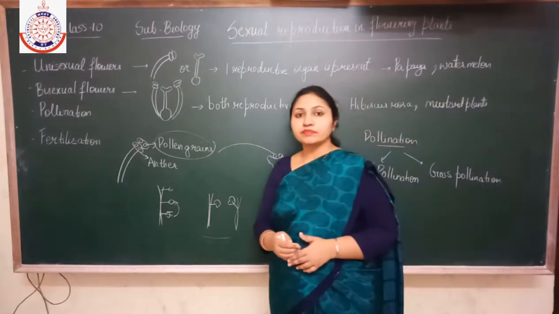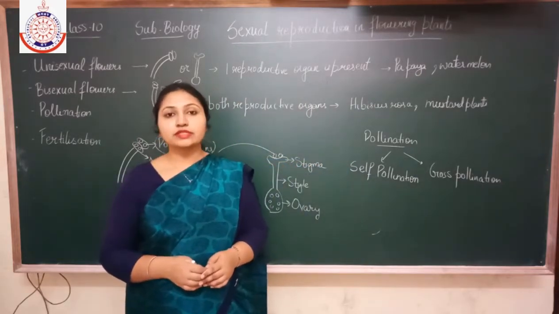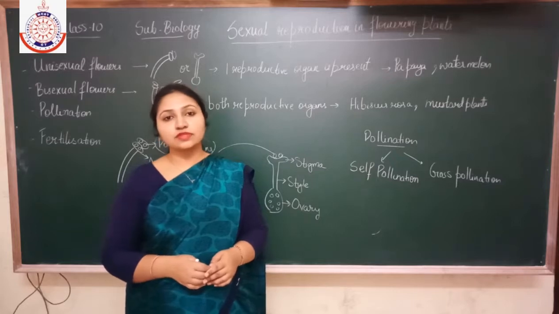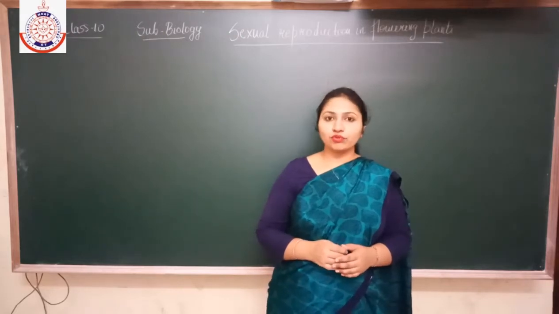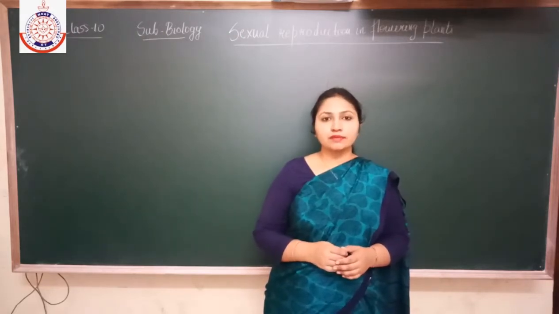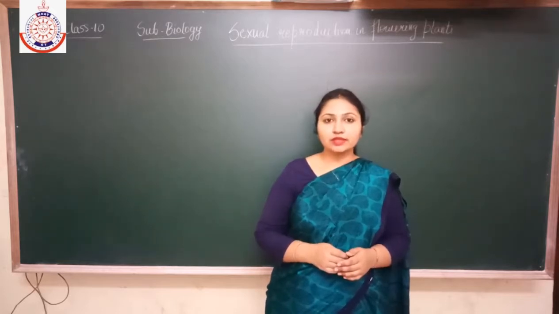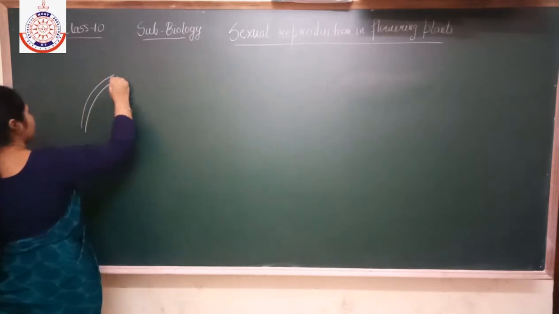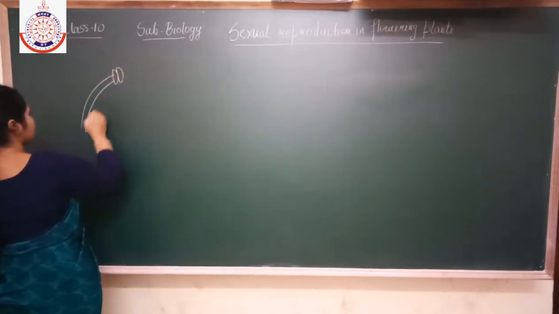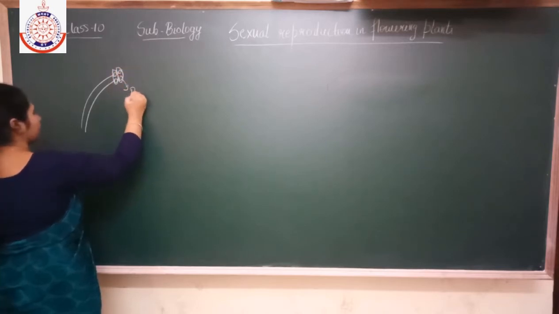Now we will discuss how sexual reproduction occurs in flowering plants, which are responsible for the formation of seeds. So children, as all of you know, two kinds of reproductive organs are present in a flower, one male and one female. The male consists of the stamen, anther and filament, and the anther consists of pollen grains.